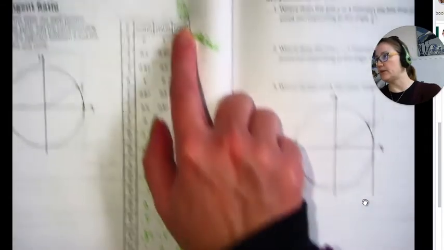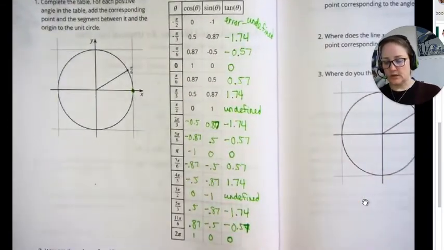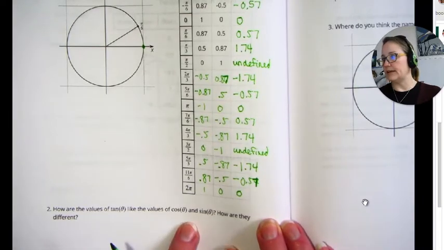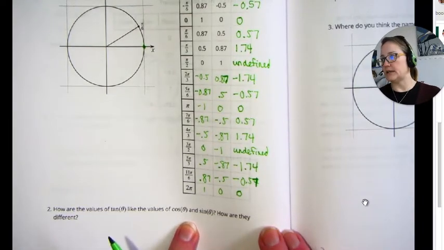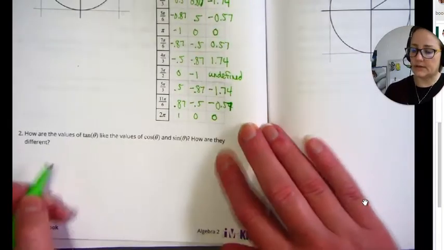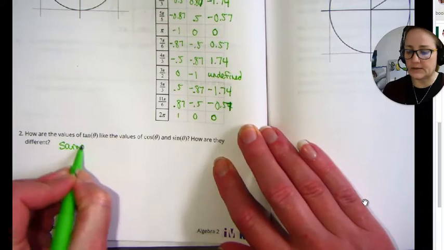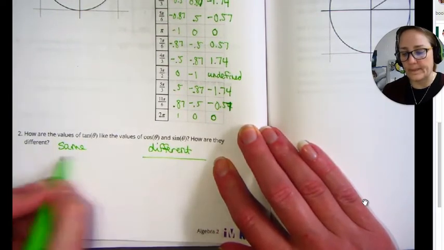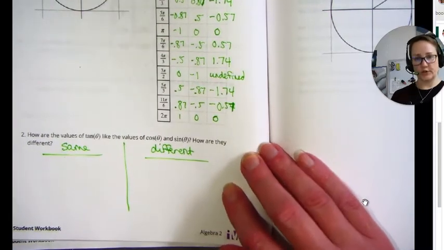We've seen how we've calculated these values. And so when we think about how the values of tangent are like the values of cosine and sine, and how they are different, we already kind of pointed out a couple things that are the same and a couple things that are different. Nice little T-chart going on.